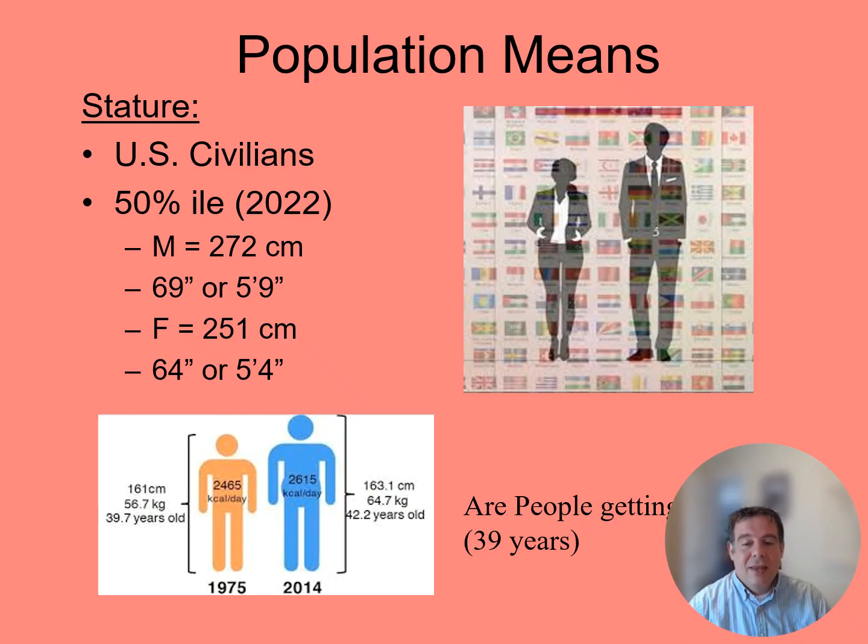This is a study that tracked people for 39 years, and they saw an increase from 161 centimeters to 163.1 centimeters. So people are getting taller, and I've seen tons of stats, even stats that go over a century, showing inches of height difference. So this is definitely a progression.